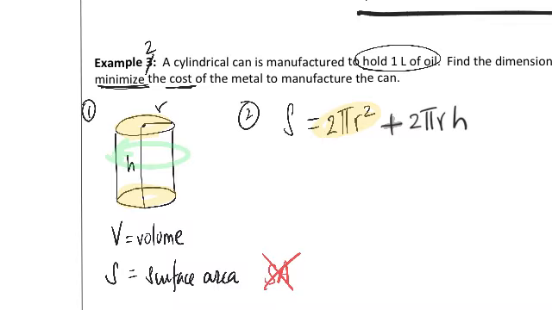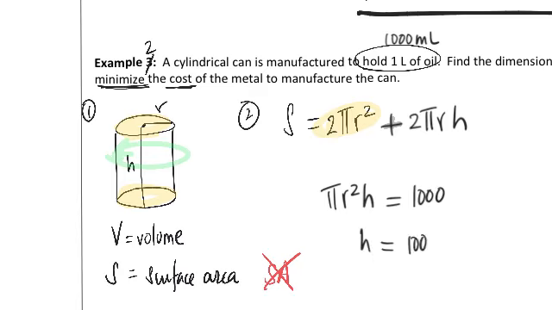Let's think about our helping formula coming from the constraint. That's going to be the volume. The volume is 1 liter. I'm going to use 1,000 milliliters for this. So pi r squared h, which is the volume of a cylinder, has to be 1,000. And using this, I can say h is equal to 1,000 divided by pi r squared.